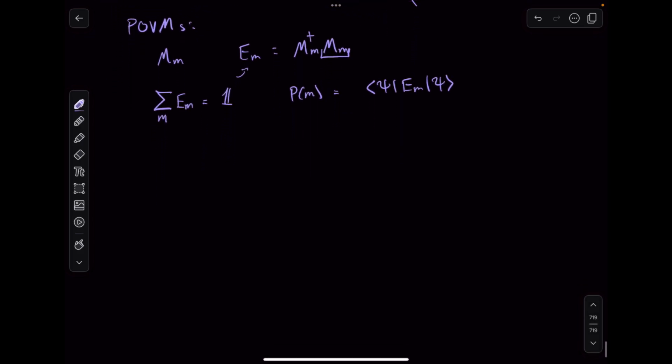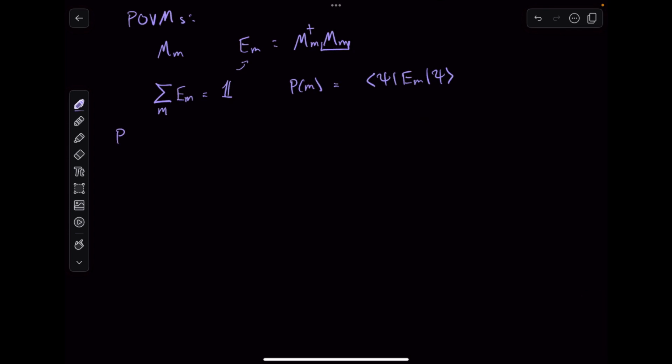And this leads me into the third and final measurement formalism, which is a subset of general measurements and POVMs, and that is projective valued measures. This is where our POVM operators are actually projections, and not only that, but they're orthogonal projections. So now instead of E sub m, we'll say P sub m.